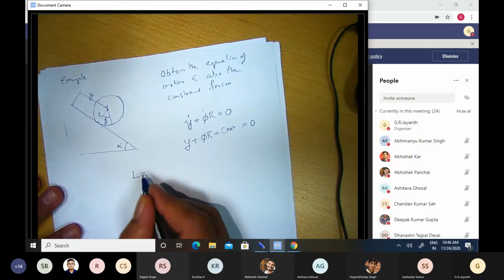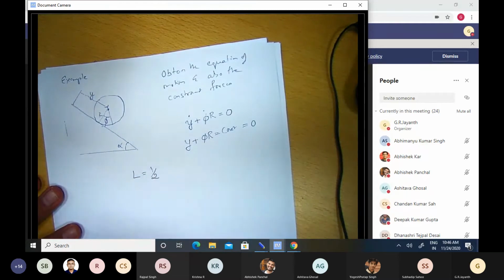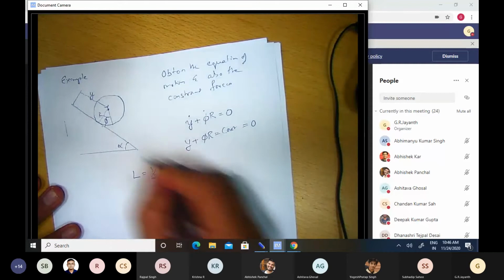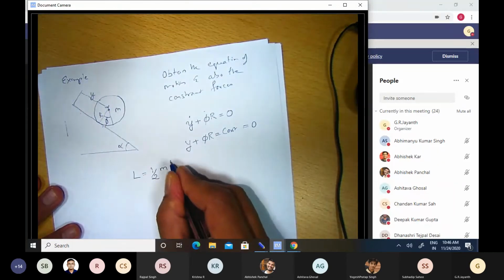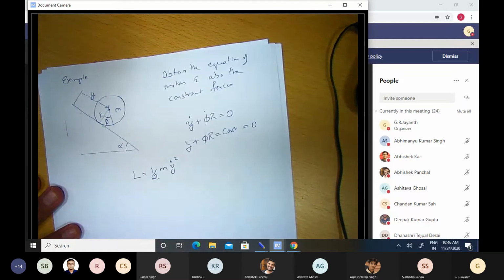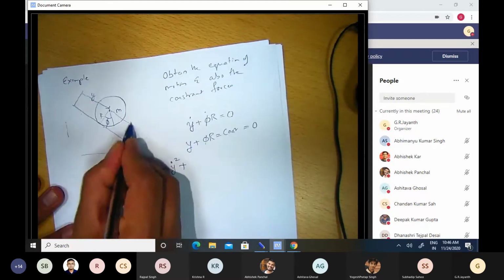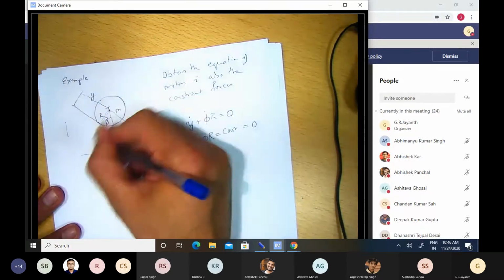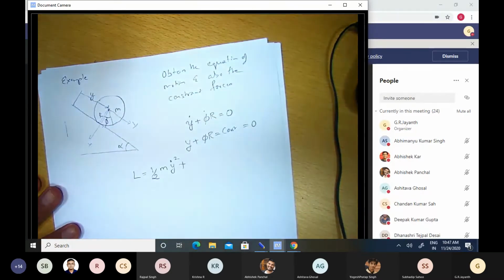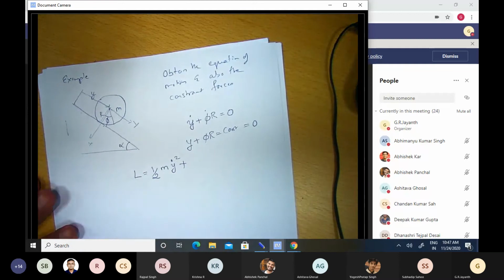The Lagrangian will have a component associated with translational motion of this object, and that's going to be equal to half the mass m times the velocity squared, which is y dot square. And then there will be a rotational component. Note that if I choose this to be my y-axis, and this to be my x-axis, normal to the incline, the z-axis will be out of the plane of the paper.